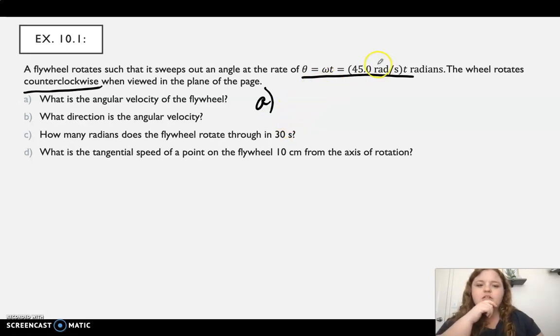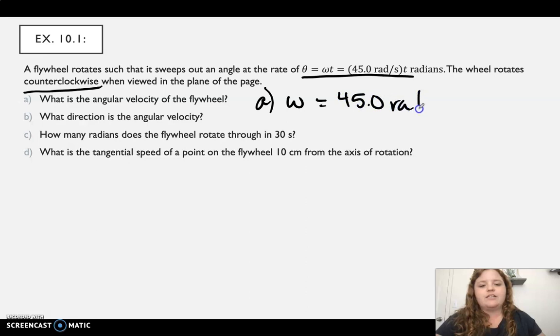Okay, so this is some rate that it sweeps out. We want to find the angular velocity. Well, it was pretty much given to us, right? So angular velocity is omega. From this equation, we have that omega is equal to 45 radians per second. That one was pretty basic. It was pretty much given to us.